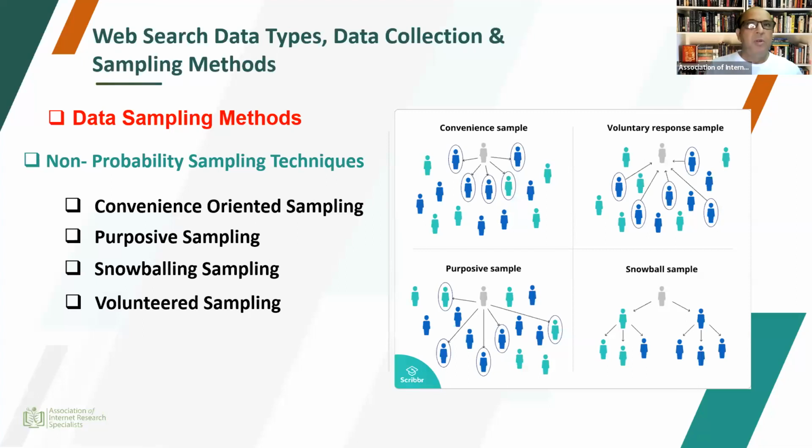Mostly in clinical trials, you need those proactive, non-probabilistic sampling techniques, because there could be a disease, certain symptoms, special attributes, or certain characteristics that fit those individuals or your subject of sampling, for which you have to be very specific to find them according to your requirement. So that becomes proactive, non-probabilistic sampling.